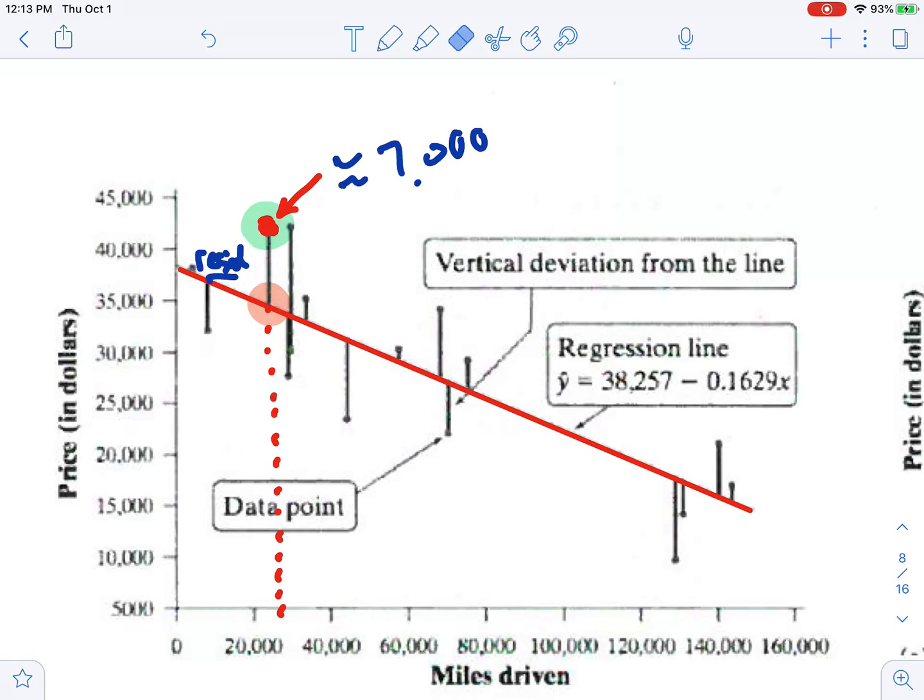You can have a positive residual when the actual data value is above the predicted line. It has a higher Y value than predicted. You could also have a negative residual. If you look at that one right here, okay, that data point is below the predicted value by a few thousand. So that residual would be negative how many ever thousand, okay?